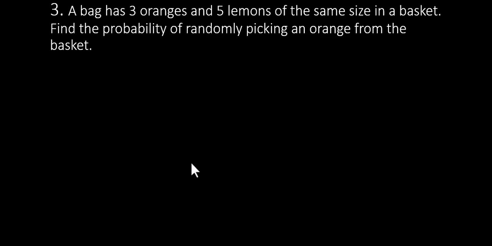Question 3 says, a basket has 3 oranges and 5 lemons of the same size. Find the probability of randomly picking an orange from the basket. We're going to do the same procedure.